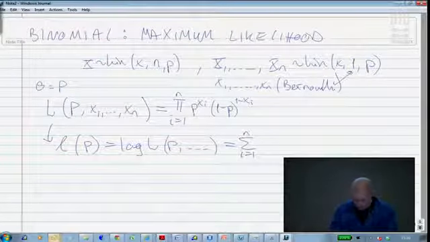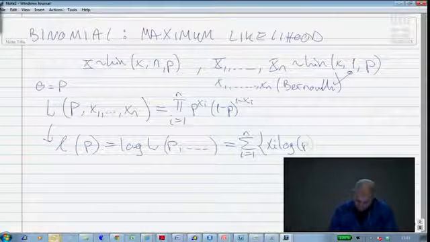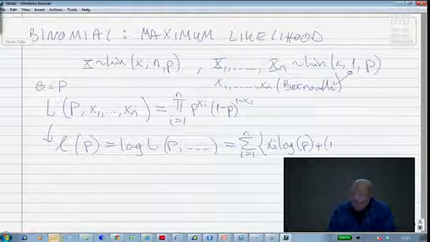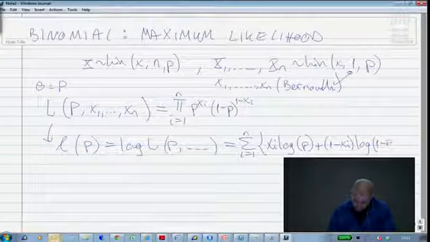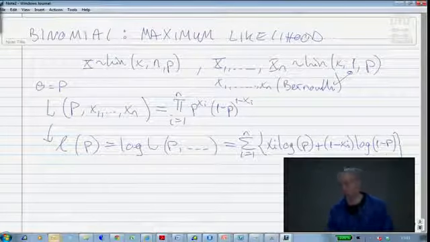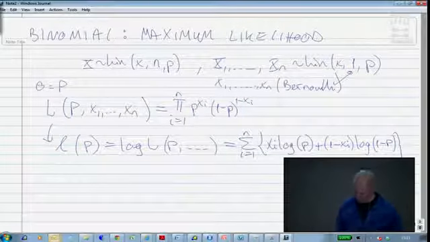Then I take the log, that is xi log p, plus 1 minus xi log 1 minus p. I'm using rules for logarithm calculations here. This is the log likelihood function.